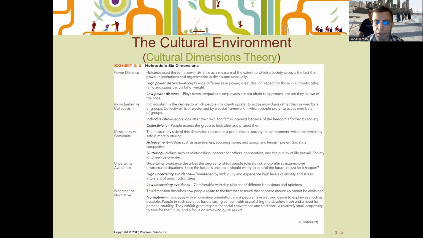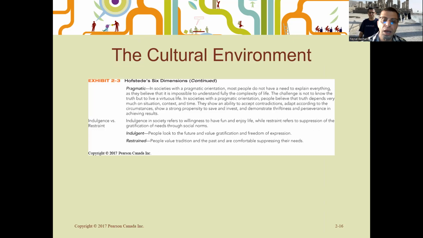He divides it into 6 dimensions: power distance, individualism versus collectivism, masculinity versus femininity, uncertainty avoidance, pragmatic versus normative, and indulgence versus restraint.